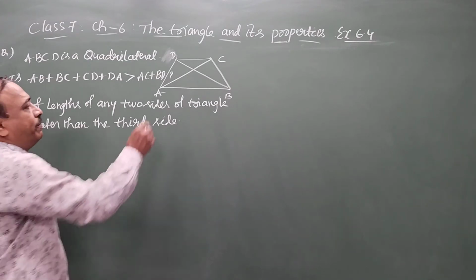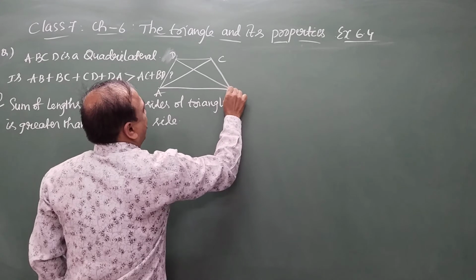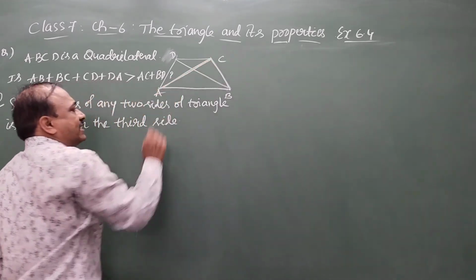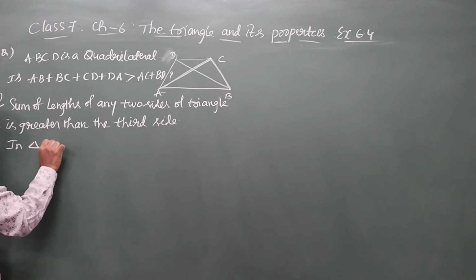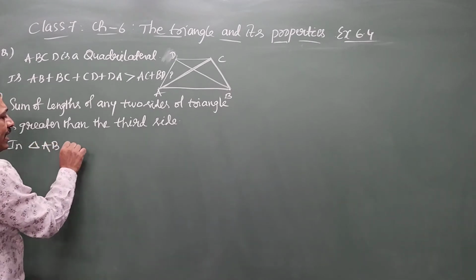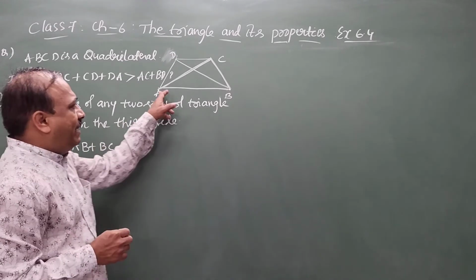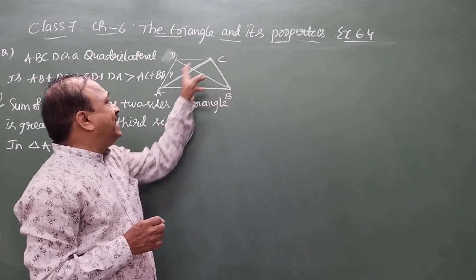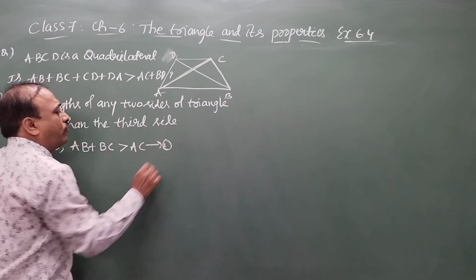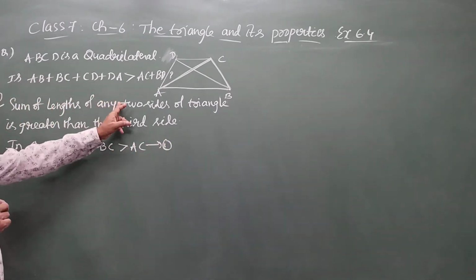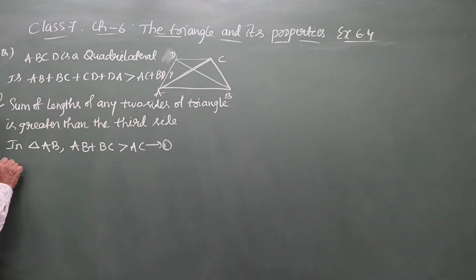Now I am taking triangle ABC. In triangle ABC, AB plus BC is greater than AC. This is equation 1, same criteria: the sum of the lengths of any 2 sides of a triangle is greater than the third side.